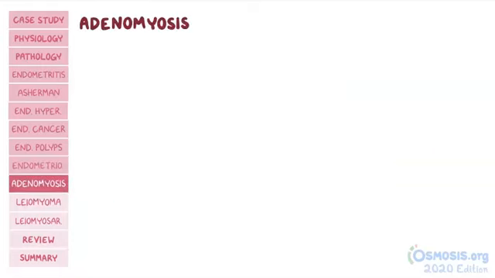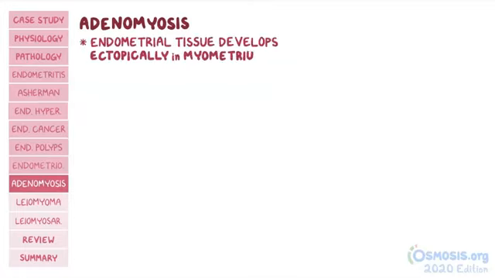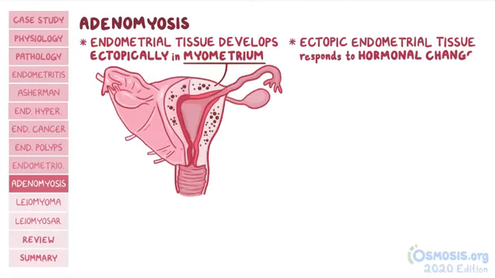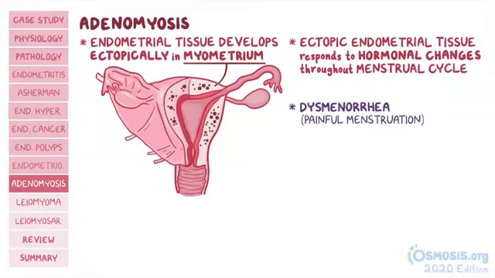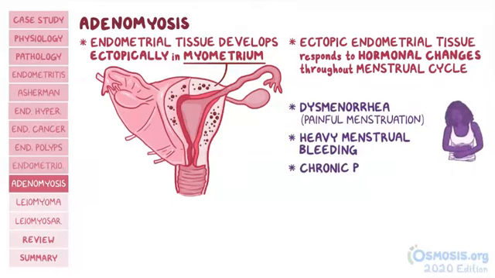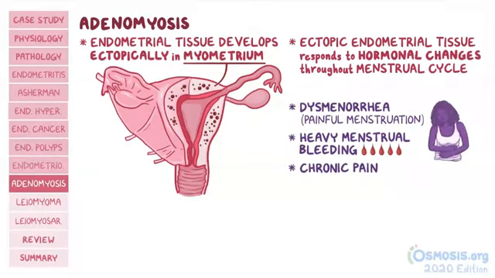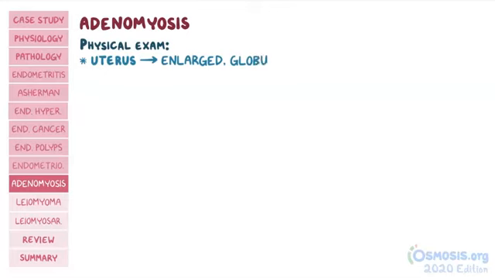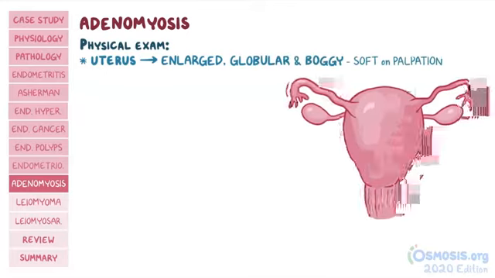Adenomyosis is a specific form of endometriosis in which endometrial tissue develops ectopically in the myometrium. Once again, this ectopic endometrial tissue responds to hormonal changes throughout the menstrual cycle, just like the endometrium inside the uterine cavity. So, with adenomyosis, there's typically dysmenorrhea, or painful menstruation. Heavy menstrual bleeding and chronic pain may also be present. Unlike other forms of endometriosis, remember that on physical examination, the uterus will be uniformly enlarged, globular, and boggy, meaning soft on palpation.